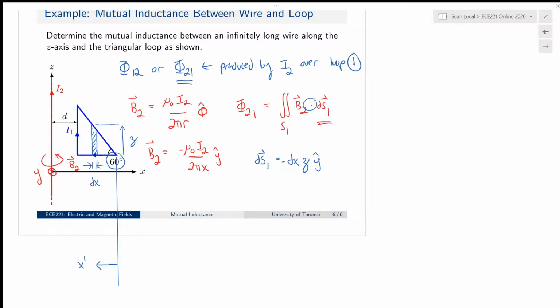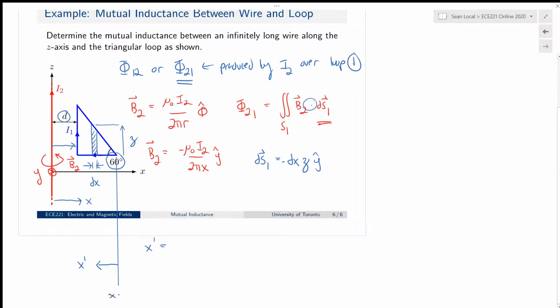So we see that from the line current to here is a distance d, and we know that the distance from the z-axis to any point in the x direction is just x. So we can define x prime to be the x position where the edge of the triangle is.